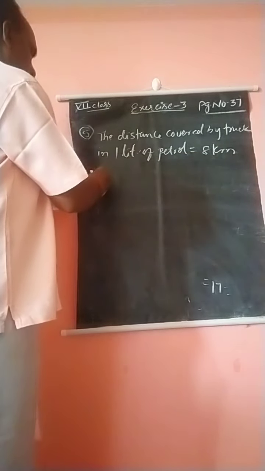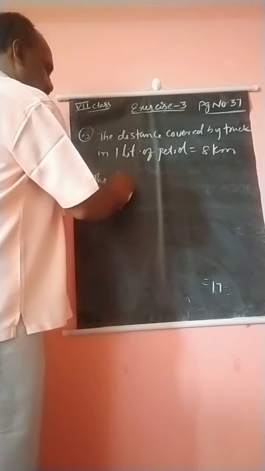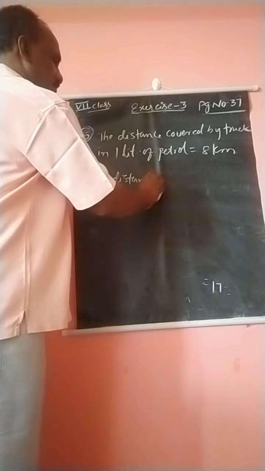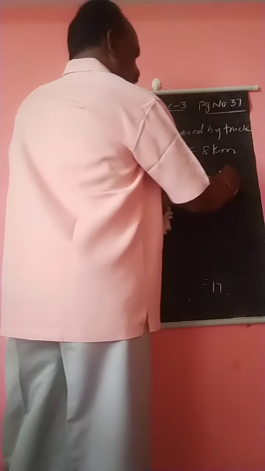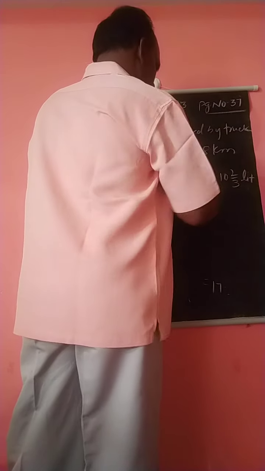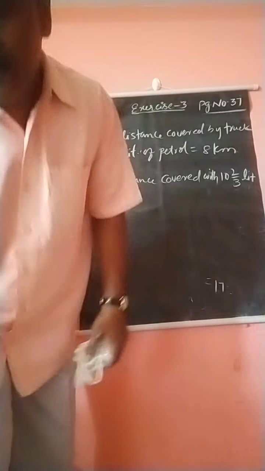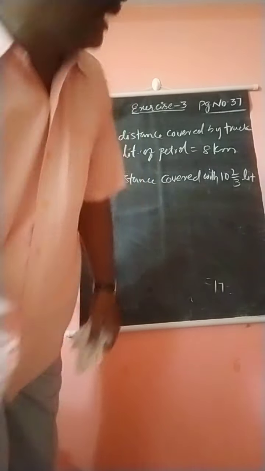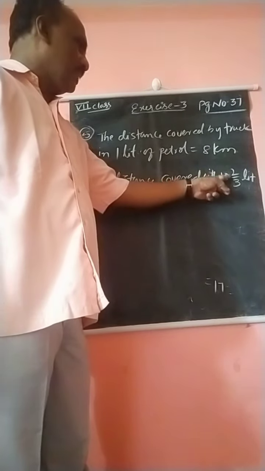So the question asks, what is the distance covered in 10 2 by 3 liters? With 1 liter, 8 kilometers, what is the distance covered with 10 2 by 3 liters?